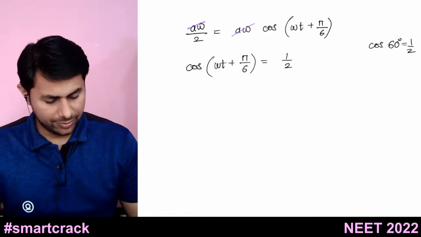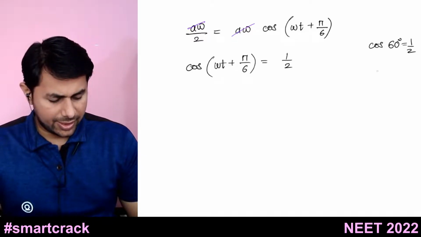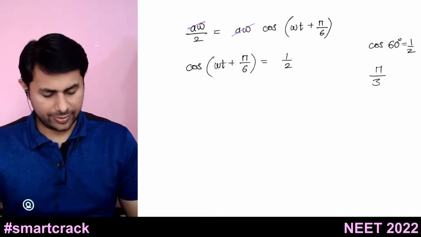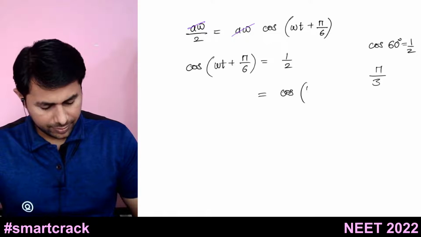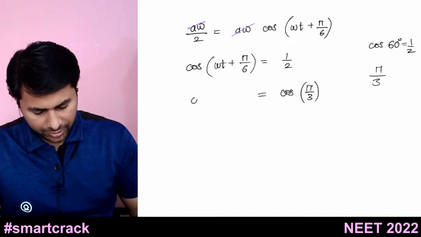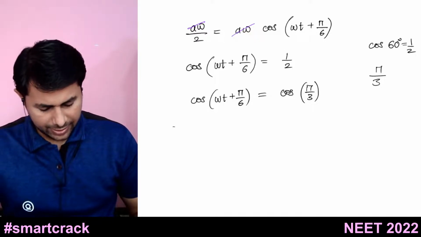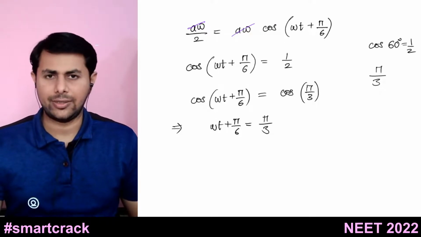This we must know. So what is 60 degrees? 60 degrees is pi by 3 because pi is 180. So cos of pi by 3 is cos of omega t plus pi by 6. That means omega t plus pi by 6 is equal to pi by 3.